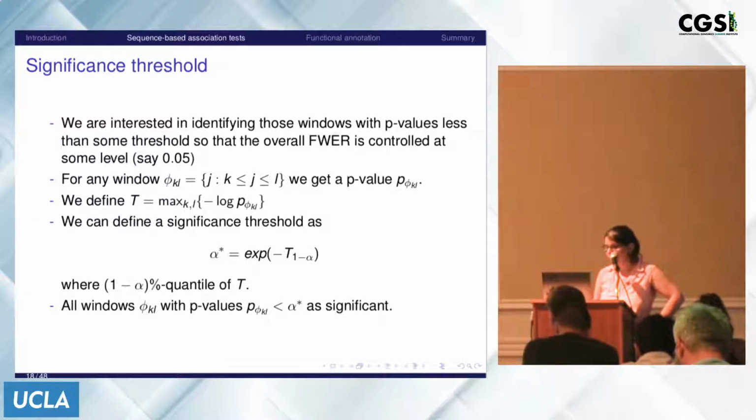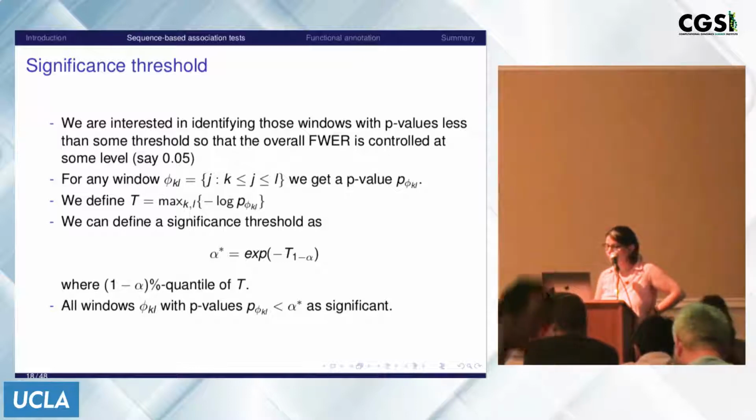For any window, we can get a p-value. Then we define this extreme value statistic T as the maximum over all windows, and over all functional scores, of the negative log p-value. The significance threshold, alpha star, can then be easily derived to have this form.